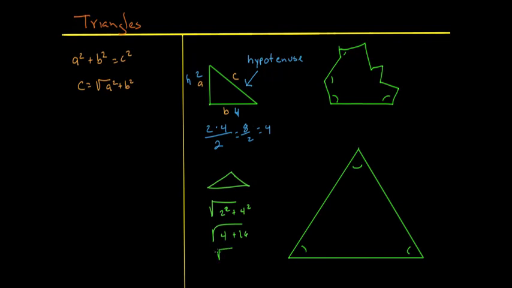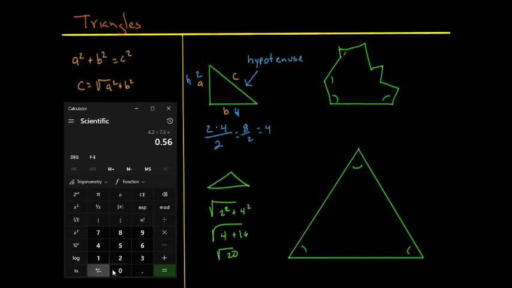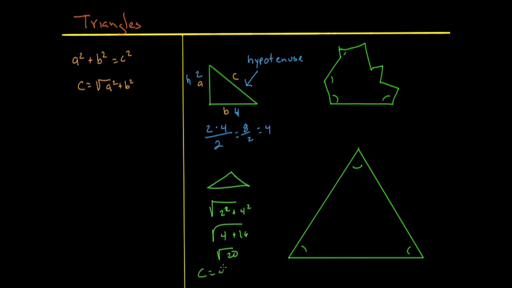So we need the square root of 20. And if we pop up the handy dandy calculator, I'll put 20 square root. And so side C is going to be 4.47. Of course, we would probably round that to some value.